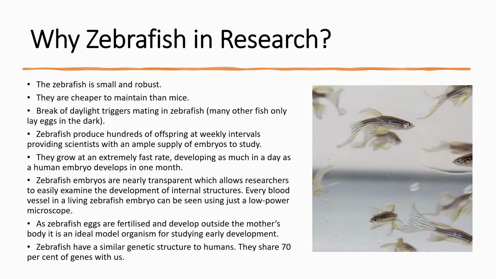Secondly, zebrafish embryos are nearly transparent, so researchers can easily examine the development of the internal structures, and every blood vessel in a living zebrafish embryo can be seen using just a low power microscope. That is the awesome utility of why one should work with zebrafish. Plus, zebrafish have a similar genetic structure to humans, and if you don't know, they share 70% of their genes with us.